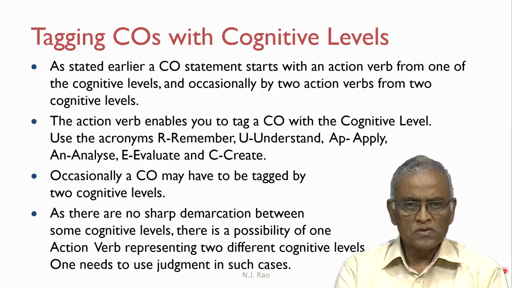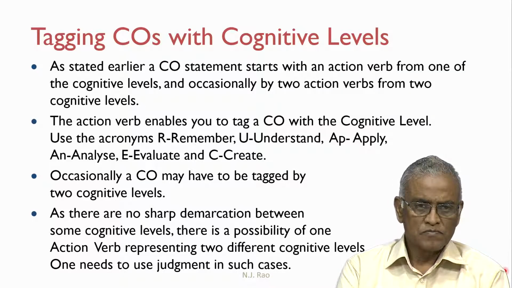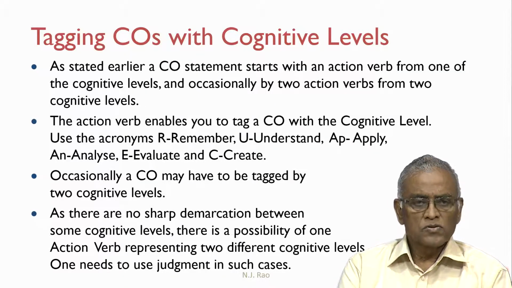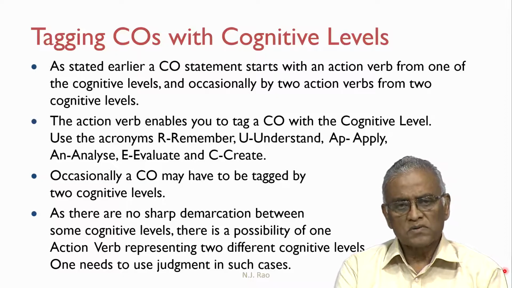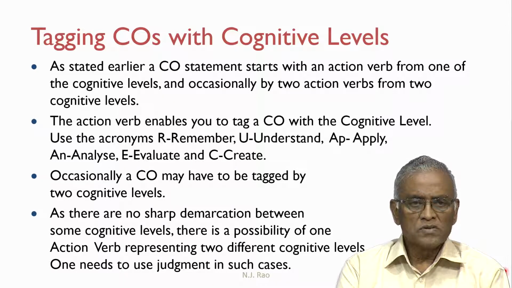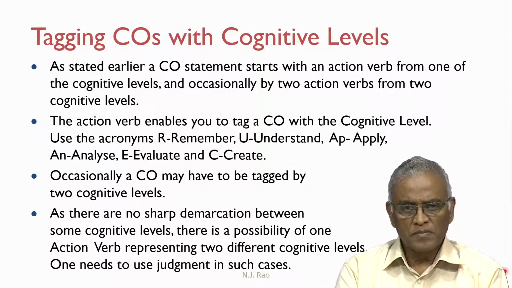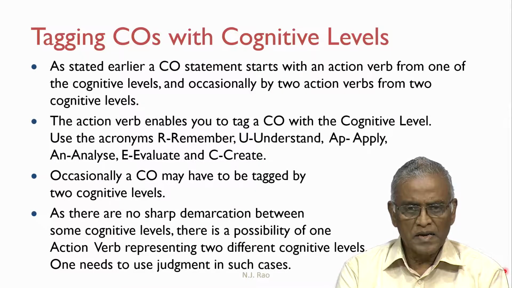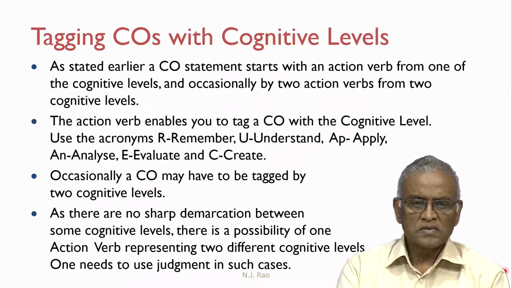But using two action verbs should be an exception. So, the action verb enables us to tag a CO with the cognitive level, and we use the acronyms R for remember, U for understand, AP for apply, AN for analyze, E for evaluate and C for create.